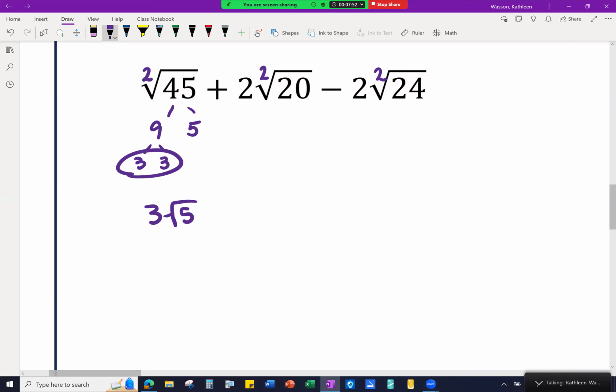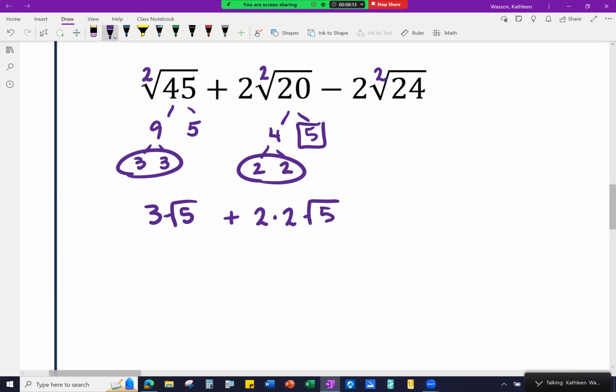And then I'm adding 2 times square root 20. 20 is 4 times 5. 4 is 2 squared. So I can simplify a 2 from that group. I'll have 2 times 2 square root 5. This 5 stays in, just like this 5 stayed in.